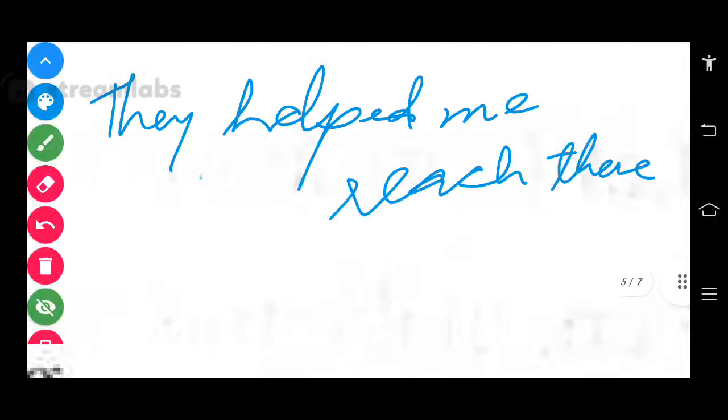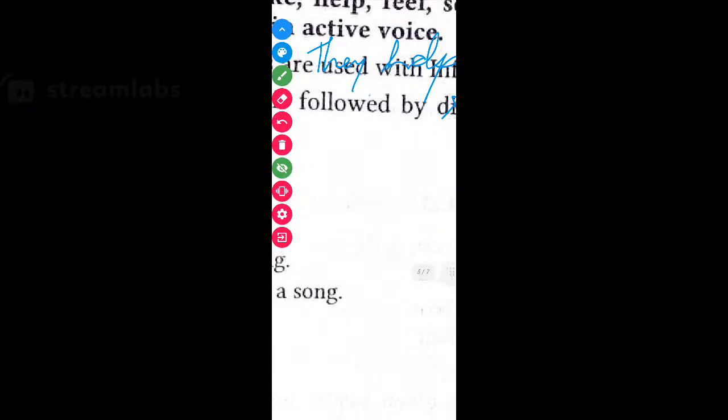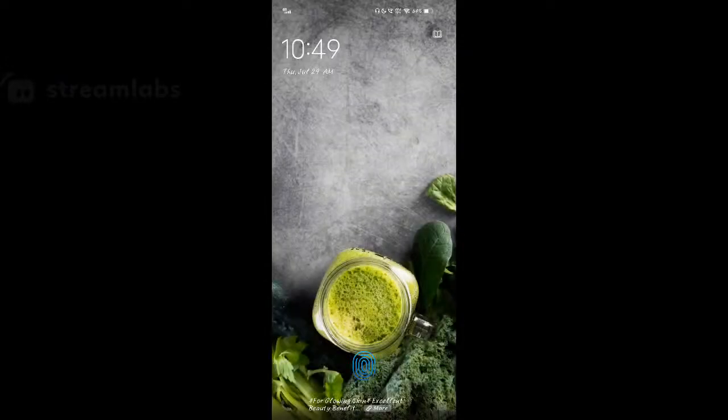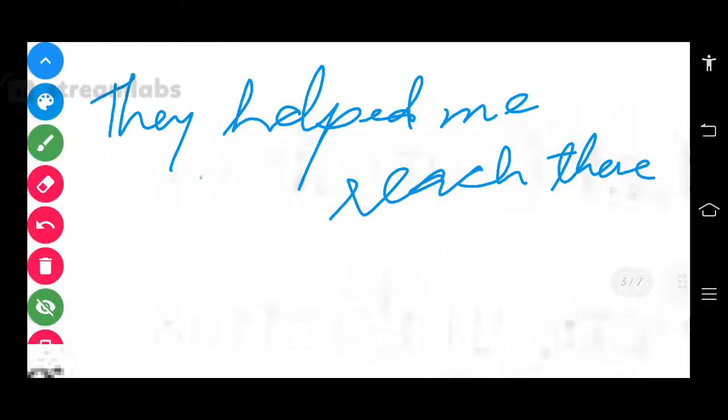Why did I focus on just these parts? Just to make you very clear on these. Okay, what is the correct answer for this?